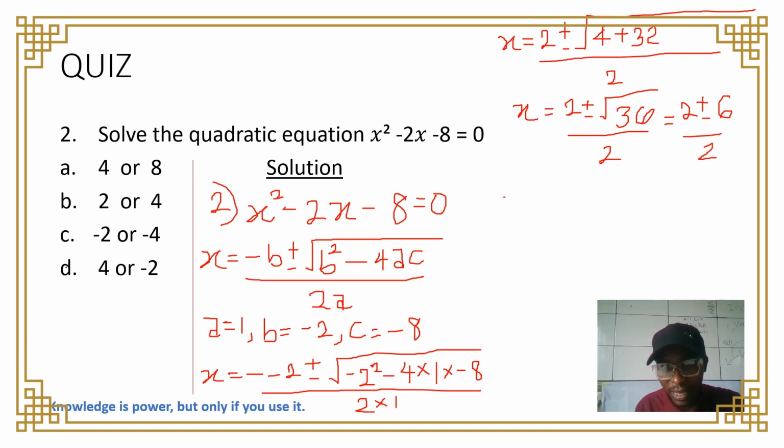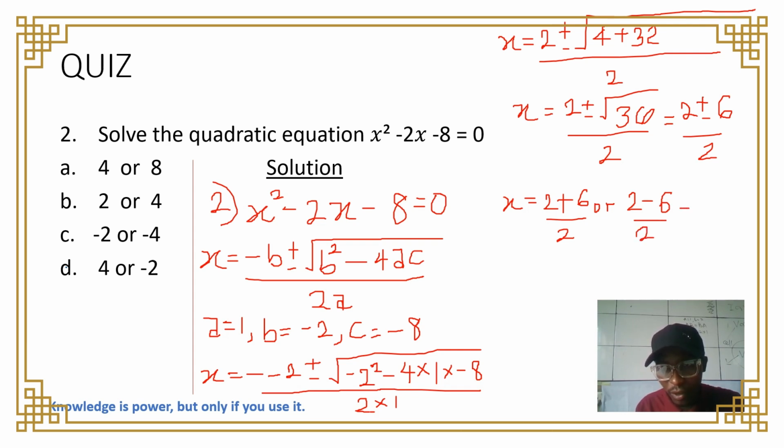Then x could be equal to 2 plus 6 over 2, or 2 minus 6 over 2.